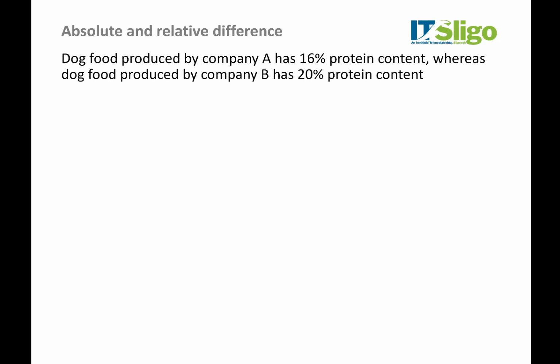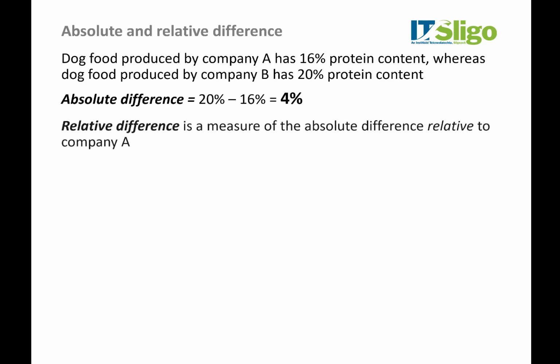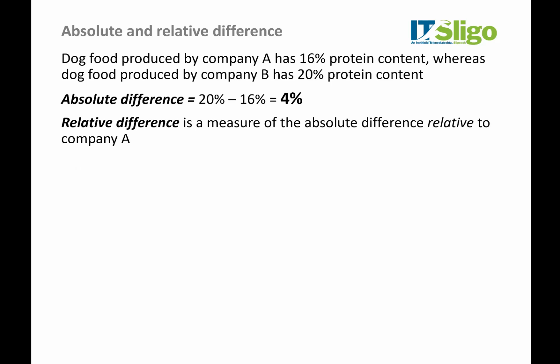And we just look at two dog food companies. One has 16% protein content, dog food A, and dog food B has 20% protein content. So the absolute difference is 4%. And when we compare to dog food A, so imagine you're in dog food B and you're looking at your rivals. Well, the difference is 4%.